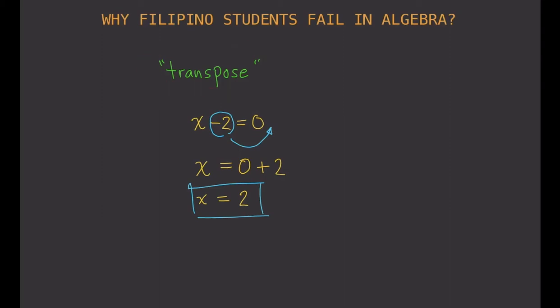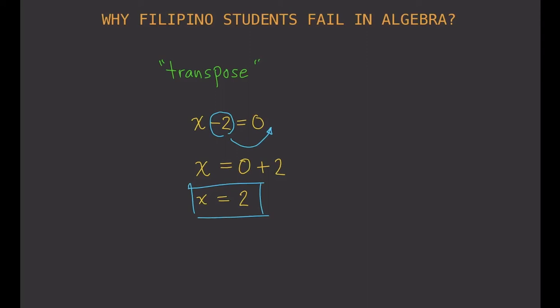This process called transposition is not actually a mathematical process. It's just made up by, I don't know, someone who wants to simplify the process, and told the students that this is what you will do. Now that is wrong, and I'm going to tell you why that's wrong.